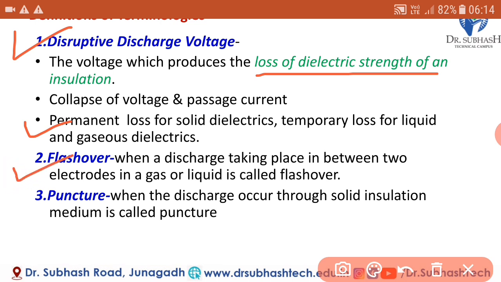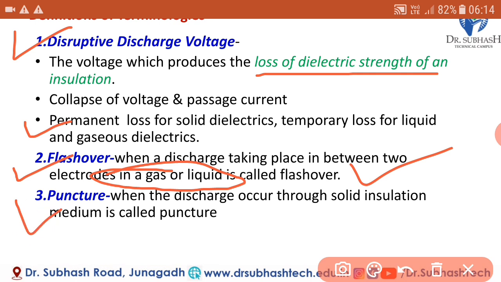Then flashover. When a discharge taking place in between two electrodes in a gas or liquid is called flashover. It is particularly in gas and liquid mediums it is observed.